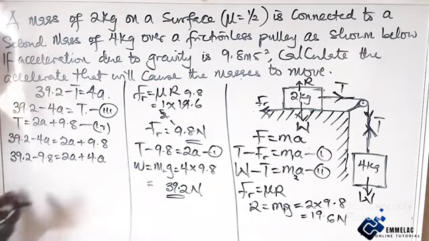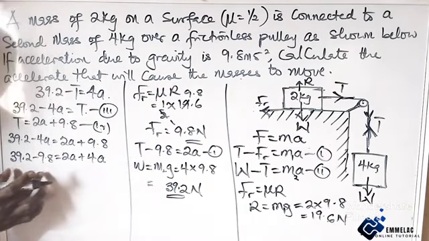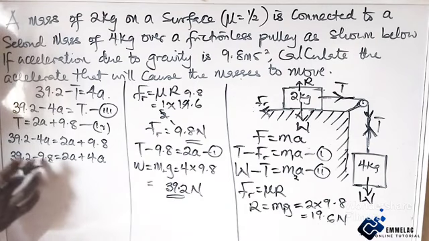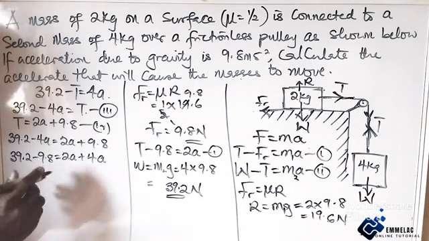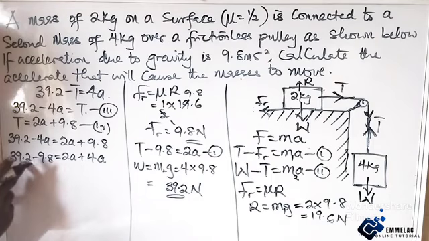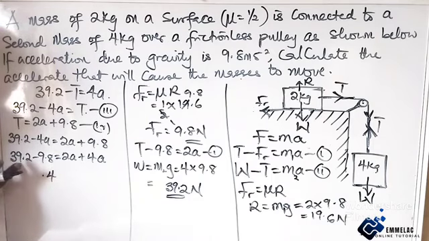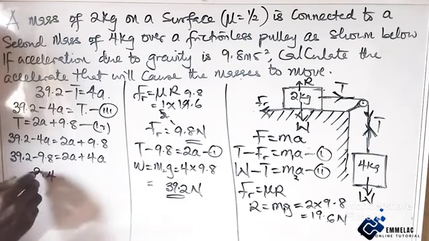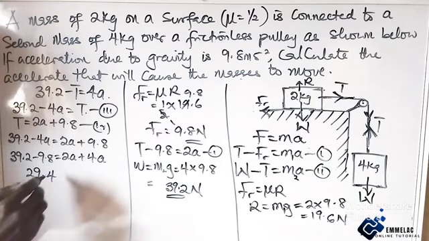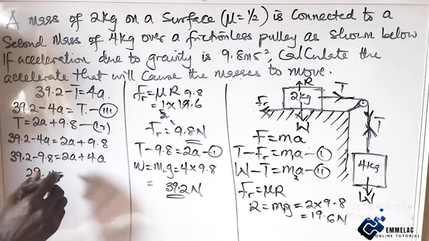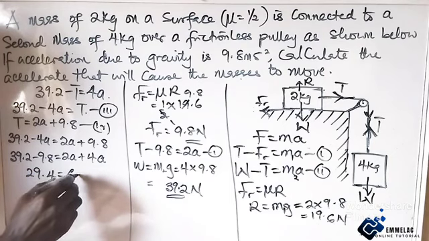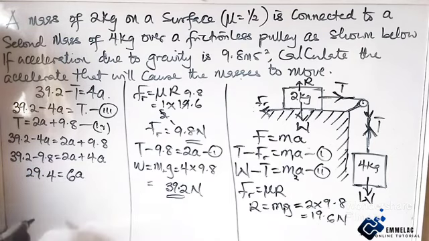Alright, now when we subtract, that is 29.4 equals 6A. Now divide both sides by 6.